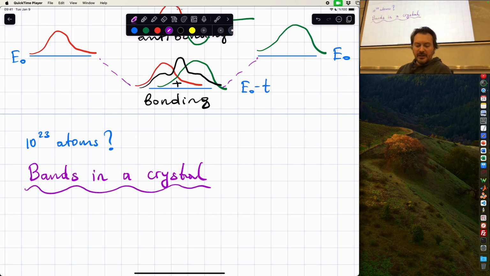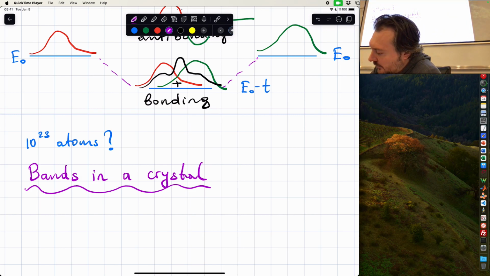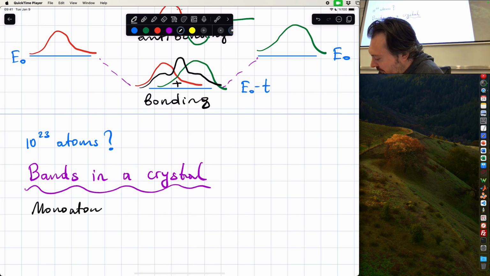So what do I mean by a crystal? Let me draw you a monoatomic crystal. Atomic chain crystal.